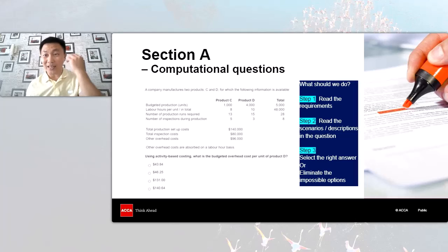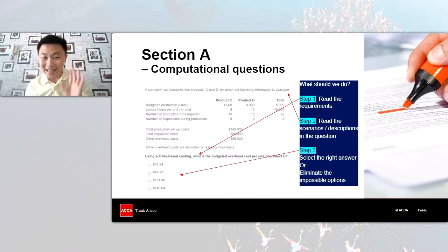Should you not manage to get the correct answer, with time running out, you have to go the other way around, guessing by eliminating the impossible ones, obviously. So that is exactly the sequence I would suggest students consider thoroughly in tackling computational questions in Section A.